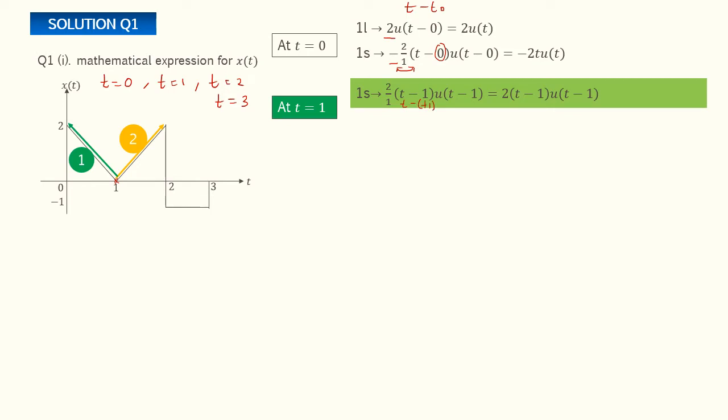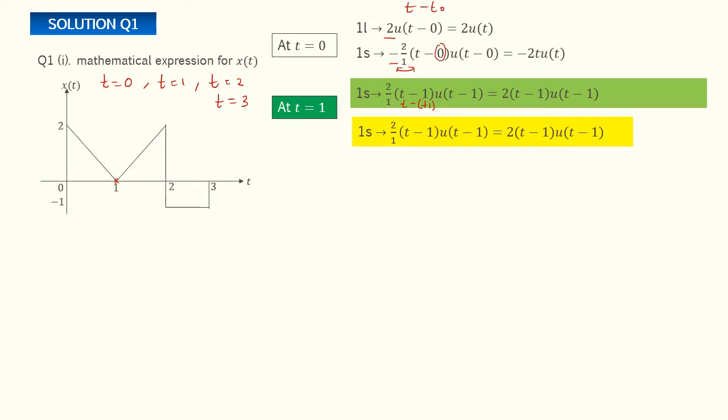So the equation for the first slope is 2(t minus 1)u(t minus 1). Let's write the equation for the slope on the right. Again, it's pointing upward, so it's positive. And then the gradient is 2 over 1, y over x, and then (t minus 1)u(t minus 1). So these are the slope equations when t equal to 1.